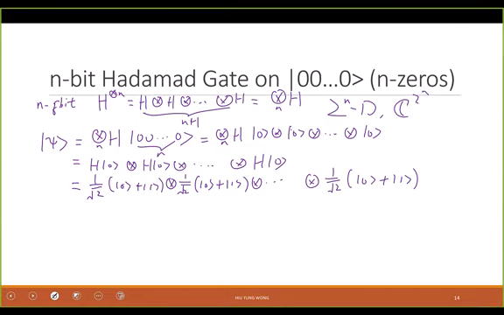You obey the distribution law. How many 1 over square root 2 do we have? N of them. So I can write it as 1 over 2 to the power n over 2, because it's a square root. Now let's look at the possible combinations. I can have 0 times 0 times 0 all the way times 0.